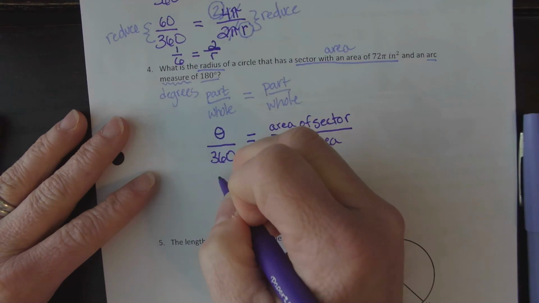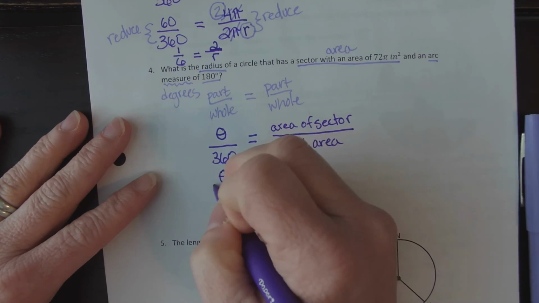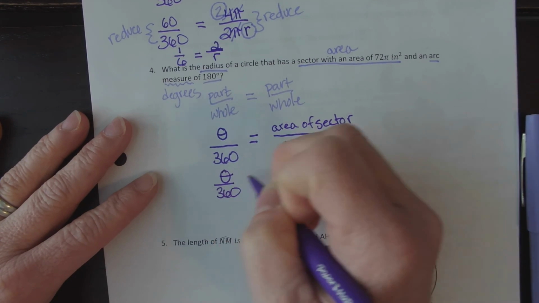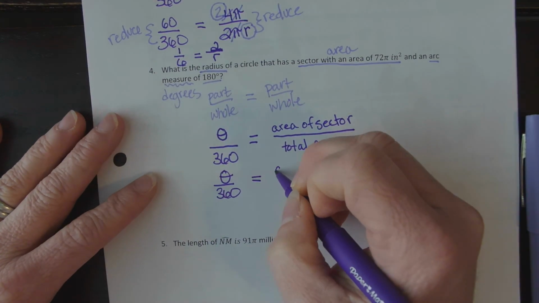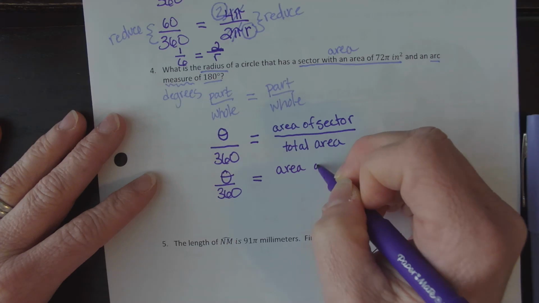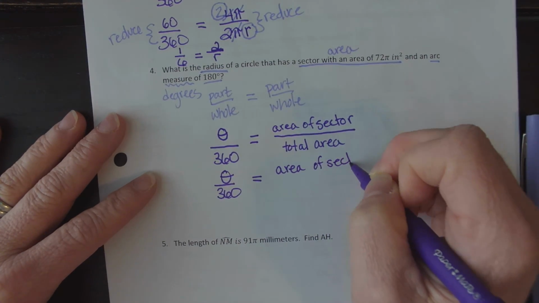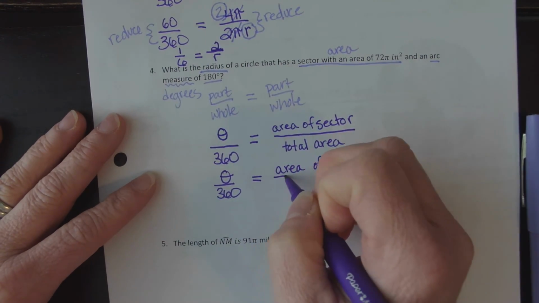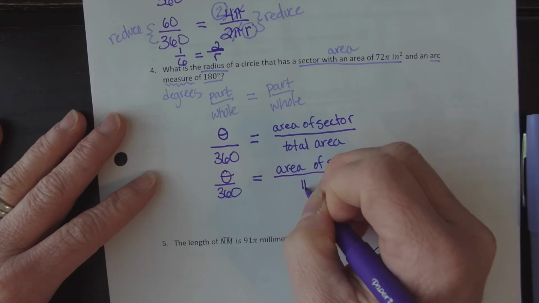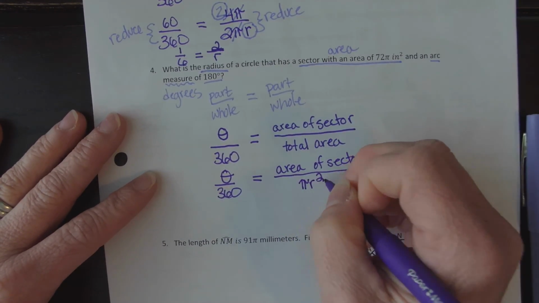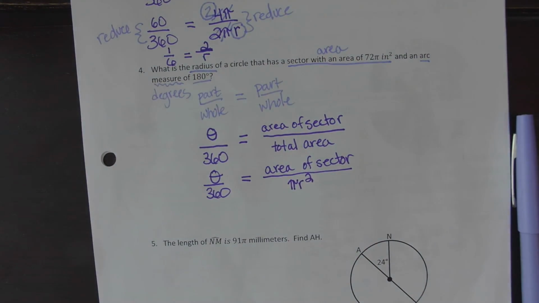All right, so we've got theta over 360 is equal to the area of the sector. And then there is a formula for the area of a circle, and that is pi r squared. You need to know the area formula for a circle and the circumference formula of a circle.